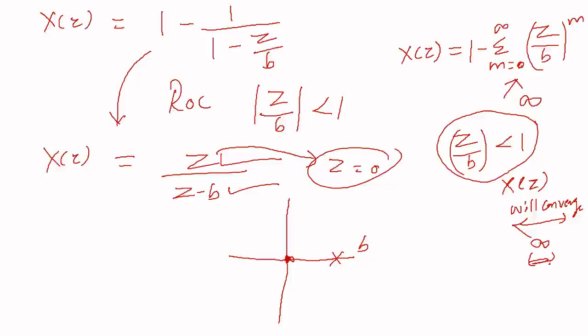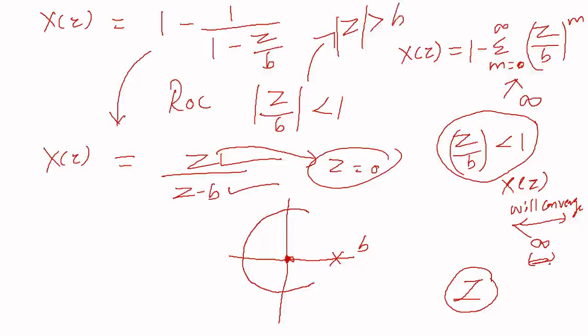Okay, so as I said, this X of z is nothing but a complex exponential series. So I am going to draw a circle like this. So this gives z by b lesser than 1. That means what? Further, how can we write? X of z, modulus of z greater than b.